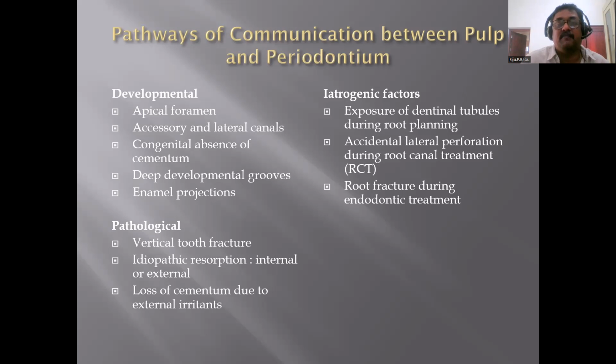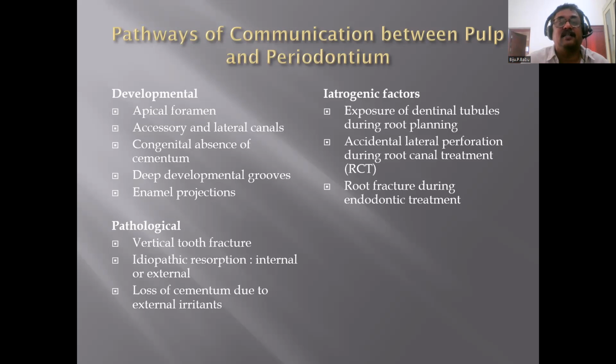Any infection, any microorganism, any exudate collected in the form of pus can communicate from the pulp through the apical foramen to the periodontal space, or vice versa, from the periodontal space to the pulp. That is the most common developmental communication between the pulp and periodontium.